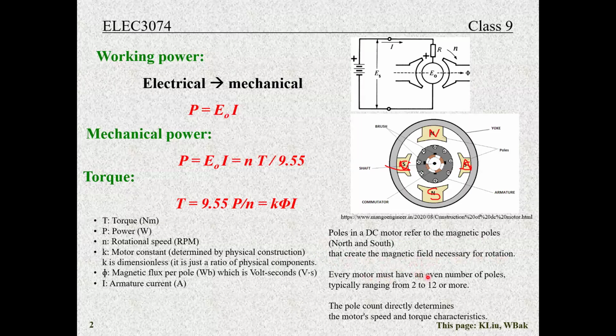Every motor must have an even number of poles, typically ranging from 2, right here, to 12 or more. The pole count directly determines the motor's speed and torque characteristics, so it's tied to speed and torque.